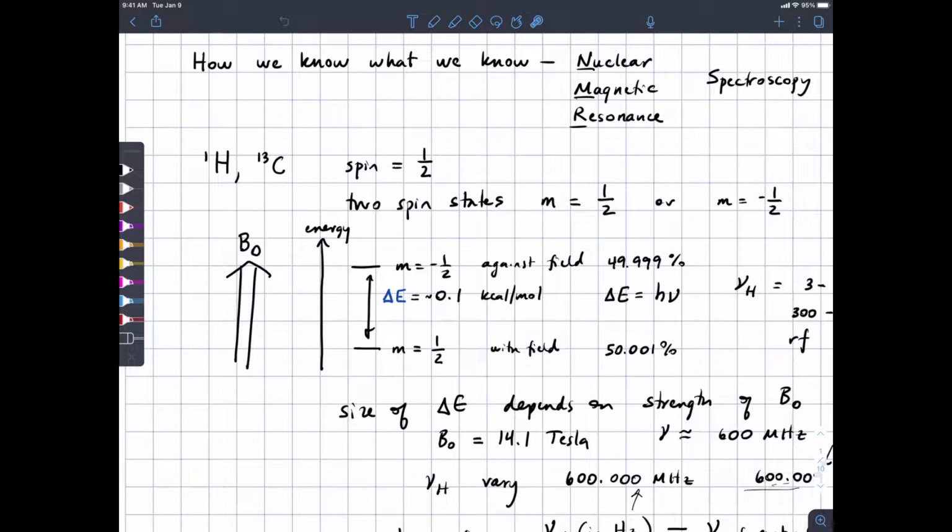There is an energy difference between these two spin states. The weird thing is that energy difference is really, really small, less than around 0.1 kilocalories per mole, which means that even in an external magnetic field, you've basically got a 50-50 mixture of spin states.